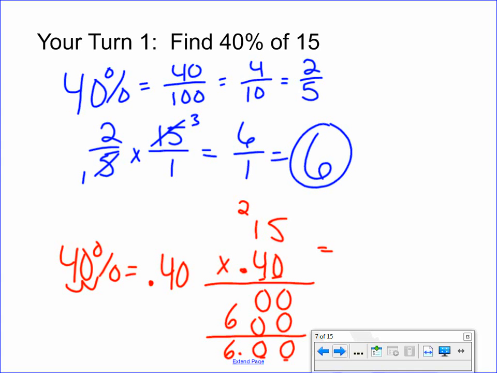So I end up with an answer of 6.00, which is the exact same thing as 6. All right, check what you did on your paper and see where your mistakes are if you got this wrong. Hopefully you can see easily where the mistake was, whether it was maybe doing the decimal multiplication or possibly your fraction simplification, and we can correct that.